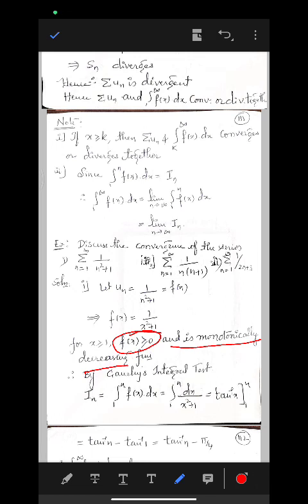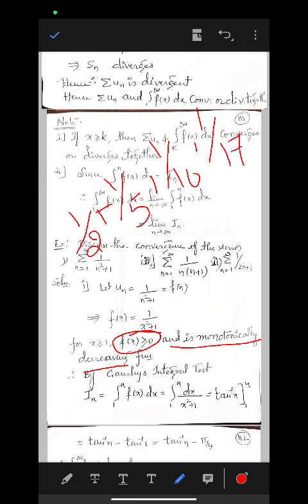The first term is 1 divided by 2, next term 1 divided by 5, next 1 divided by 10, next 1 divided by 17. See the terms: this one is x1, this is x2, this is x3, and so on.